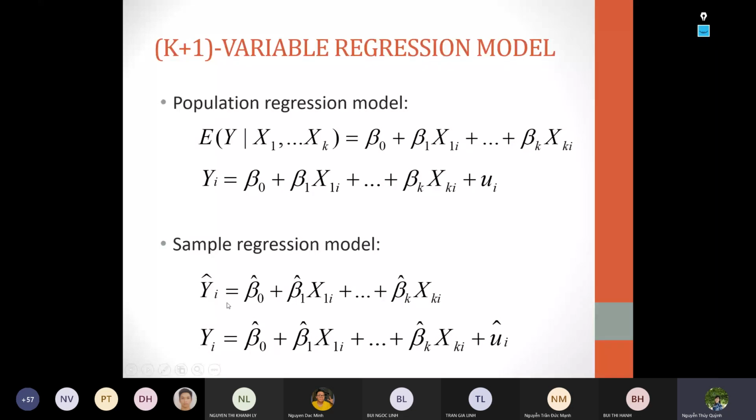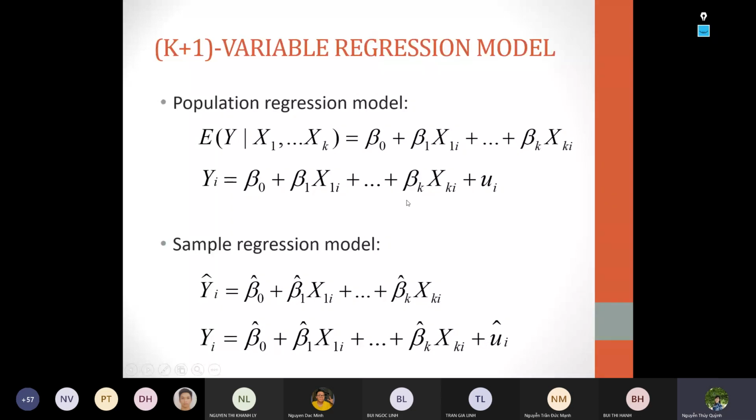We have the fitted value of y, yi hat, equal to beta 0 hat plus beta 1 hat times x1i plus and so on beta k hat times xki, and also the stochastic form of the sample regression model for k independent variables. So is this model a linear regression model?